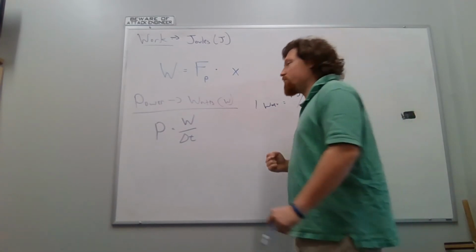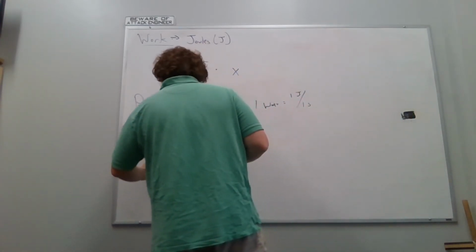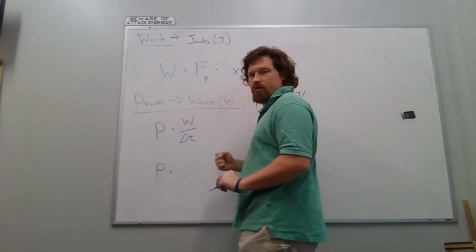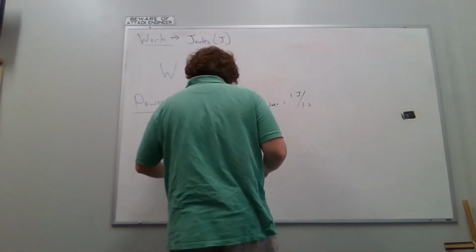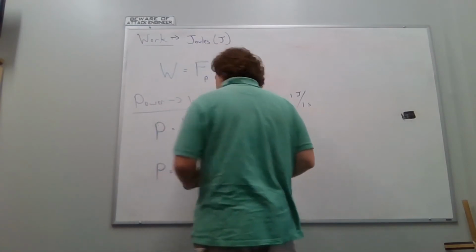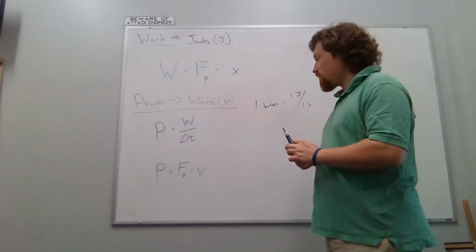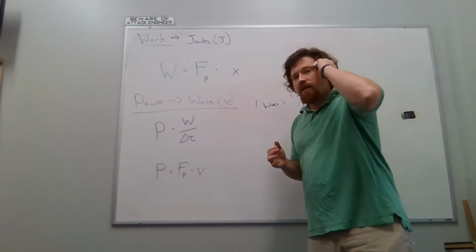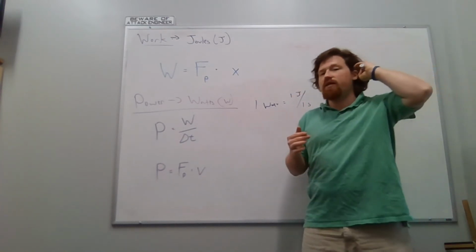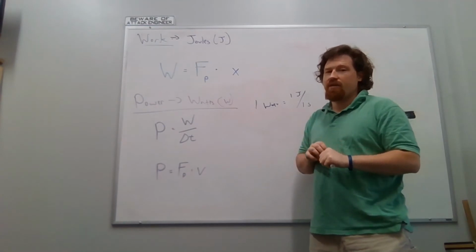There's an additional formula that you have access to that may help with certain questions. Power is equal to the force applied to an object that is parallel to that object's constant velocity.